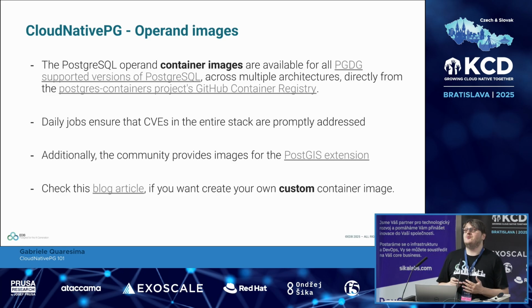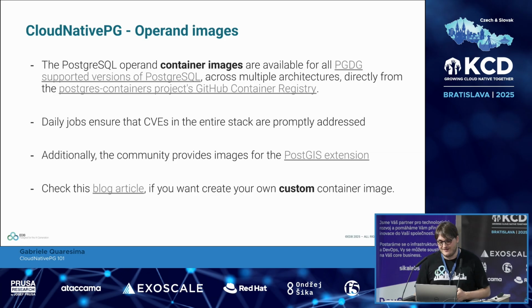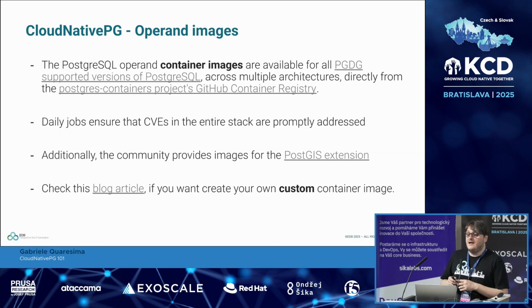There is no operator without an operand, so operand images are very important, and we build them directly from the PGDG supported versions across multiple architectures. Also, in this AI time, we add, for example, pgvector, as an extension in our base image.